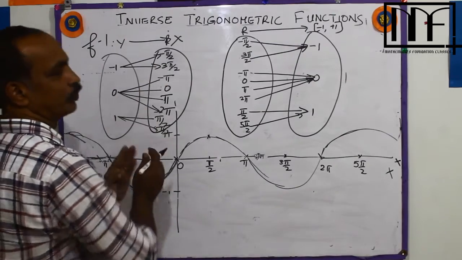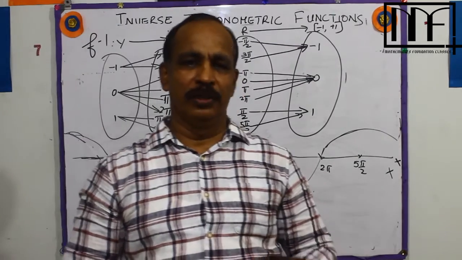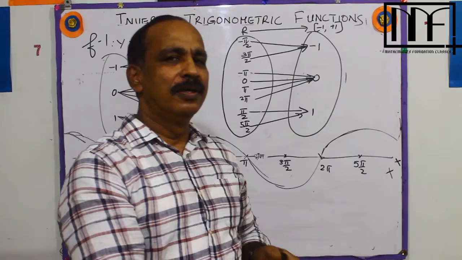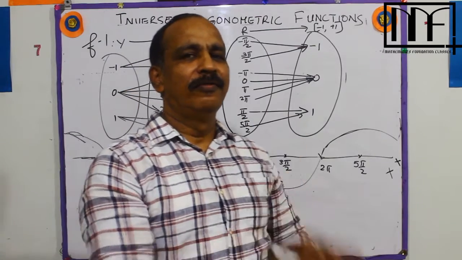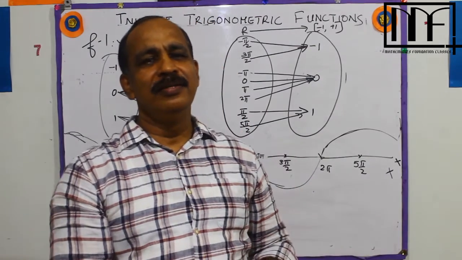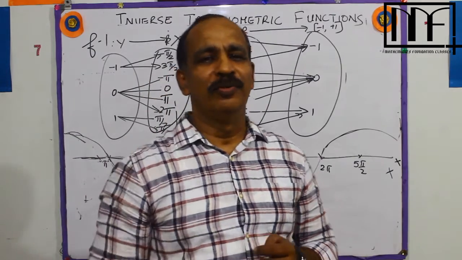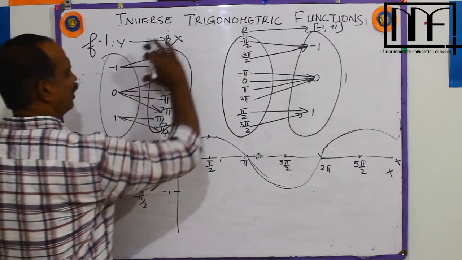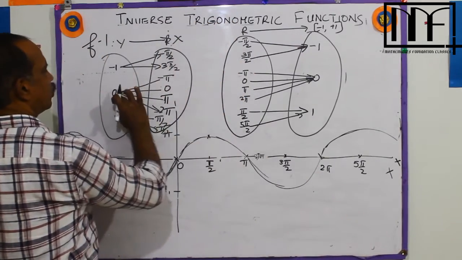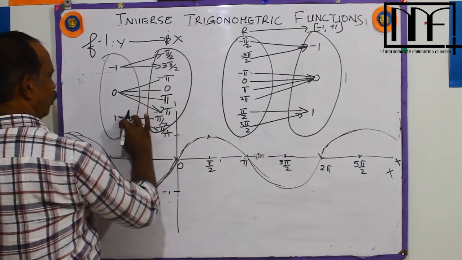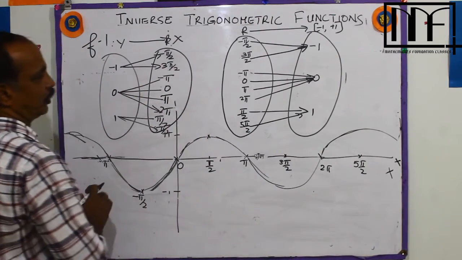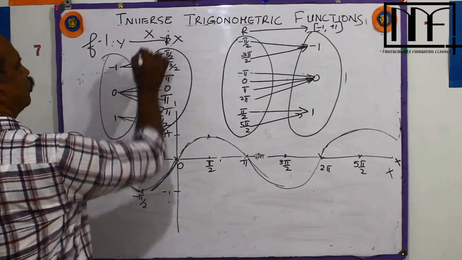Therefore, this is not possible, because as per the definition of a function, the elements in the first set, the domain set, should not have more than one image. You can see that the element negative 1 has an infinite number of images, the element 0 has an infinite number of images, the element 1 has an infinite number of images. Therefore, it is not possible.